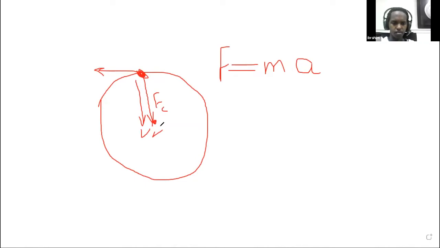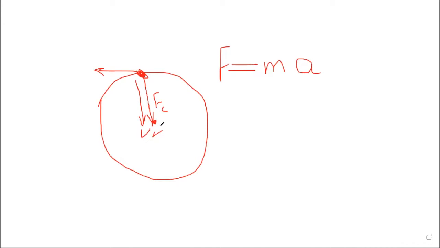No, this is non-linear acceleration. What is the difference between linear acceleration and non-linear acceleration?